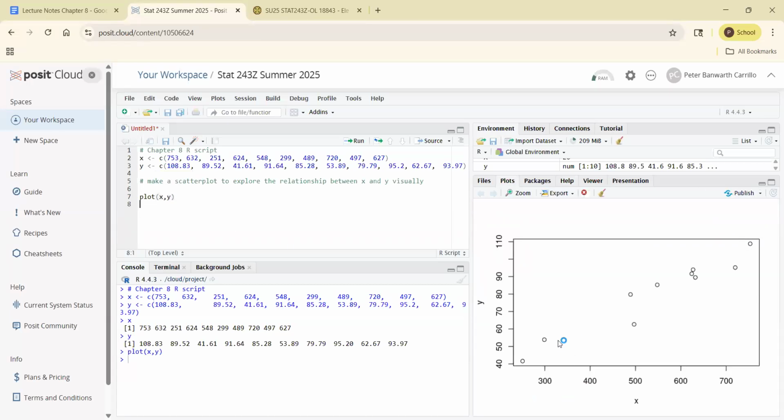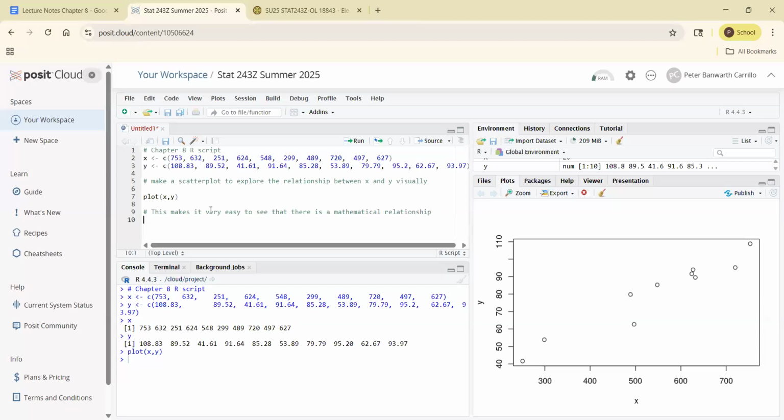And when you run it, it creates a graph that has the x value on the x-axis and the y value on the y-axis, and puts a dot where each of the data points are located. So I don't know about you, but I can immediately see that there is a relationship. Let's call it a mathematical relationship between the variables.